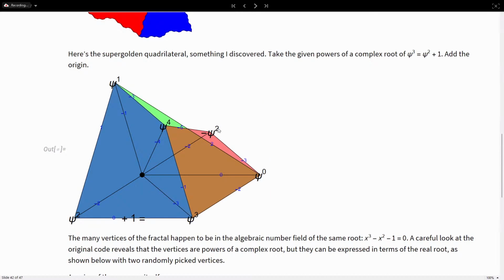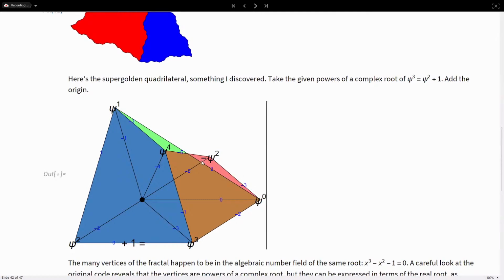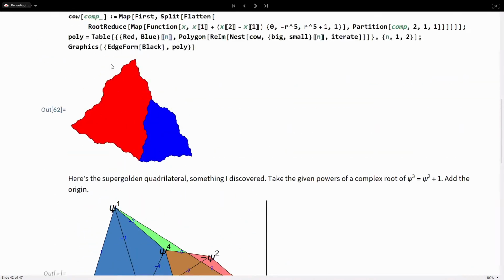If we combine those vertices on the complex plane together, we get in green and back one quadrilateral, and we also get these two smaller quadrilaterals that split up to make a very good approximation for the original quadrilateral. And that's sort of the same as what's going on here.